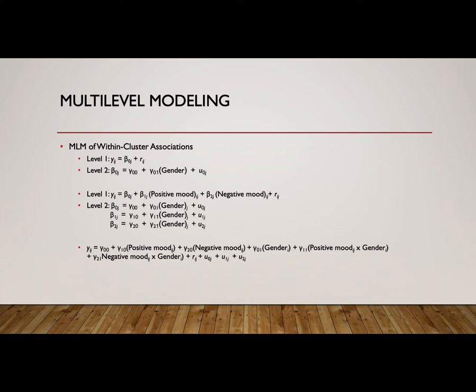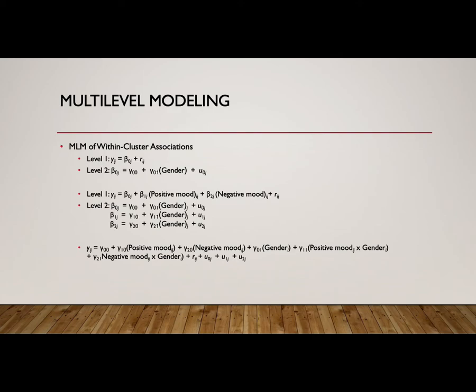It kind of looks like what we were doing with latent growth curve modeling, right? Because now we have these coefficients. We have two slope coefficients, and we have an intercept coefficient. At the between subject level, we are predicting the level 1 slope of positive mood, the level 2 slope of positive mood, and the intercept by gender.